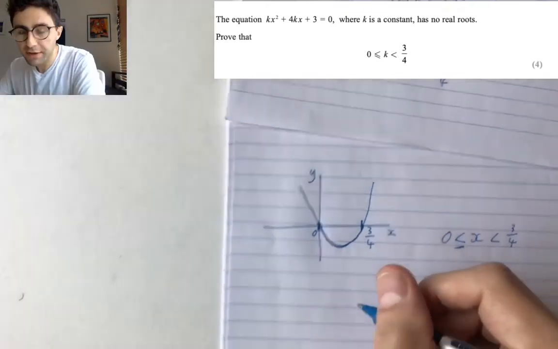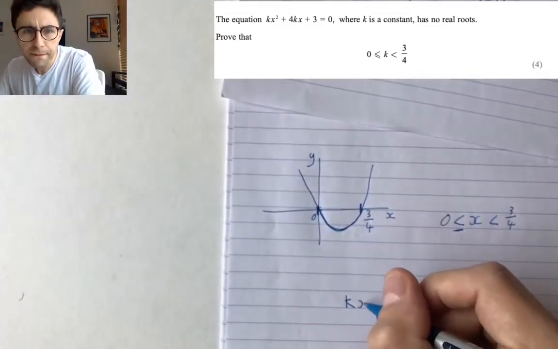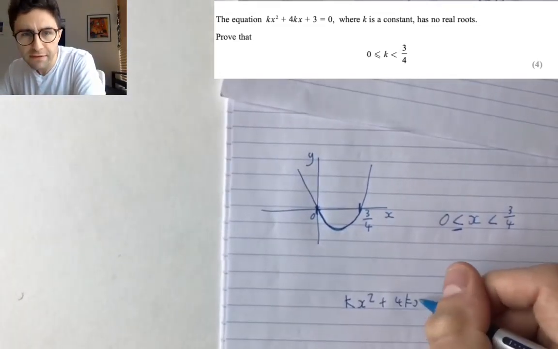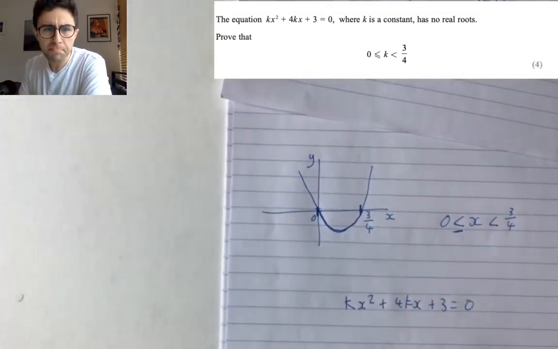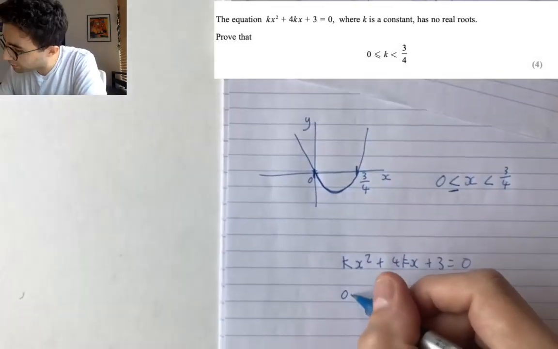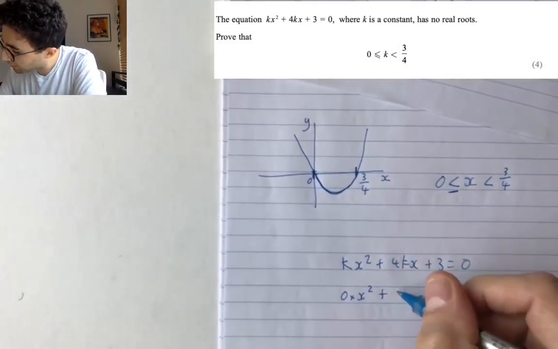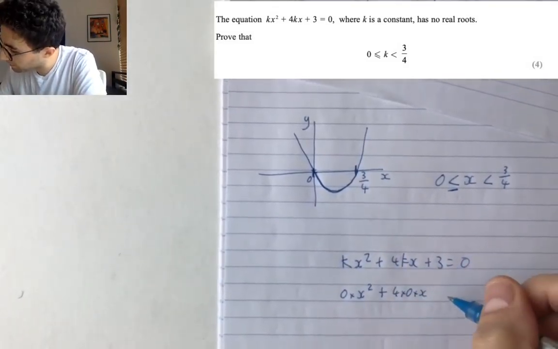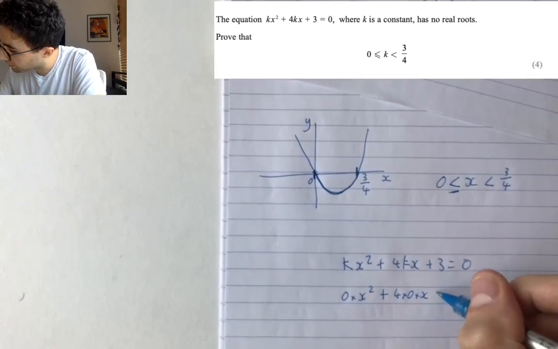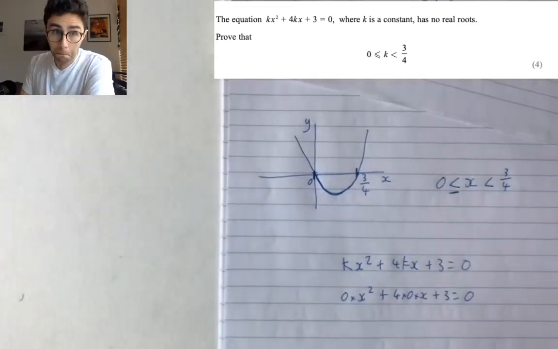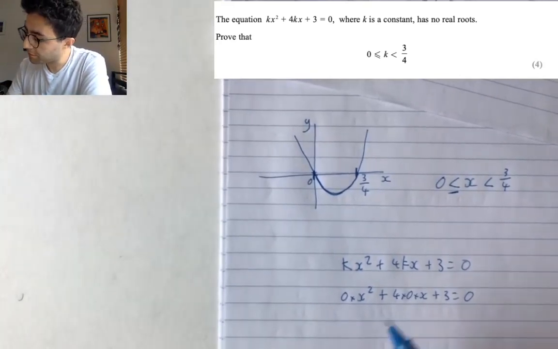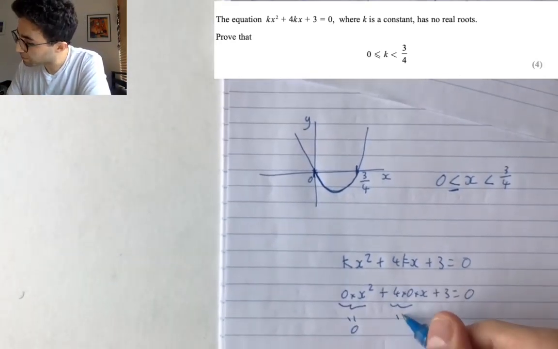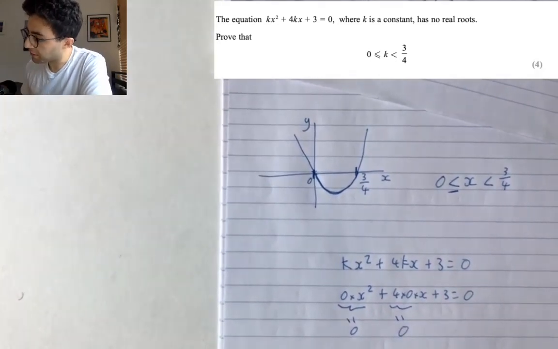So if I just write that again, kx squared plus 4kx plus 3 equals 0. If I just plug in k as 0, 0 times x squared plus 4 times 0 times x plus 3 equals 0. Now, of course, these two bad boys are gone, because 0 times anything is 0.